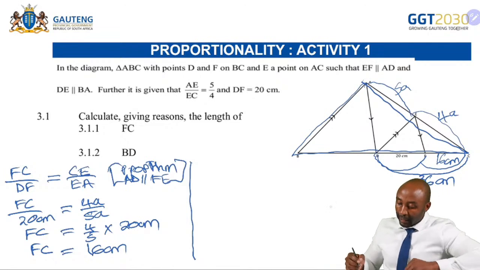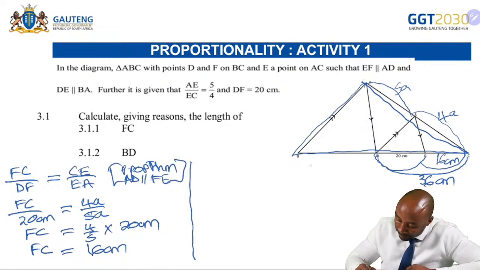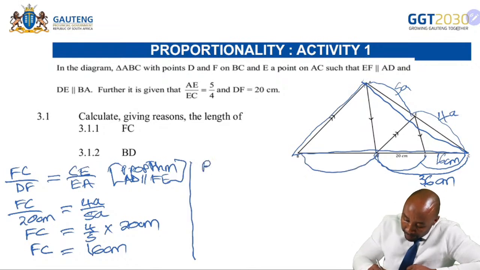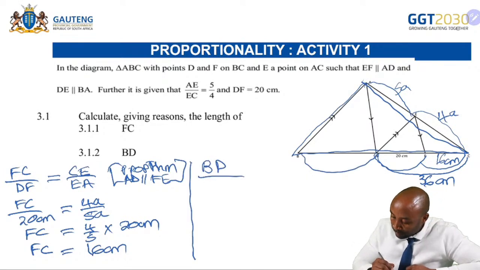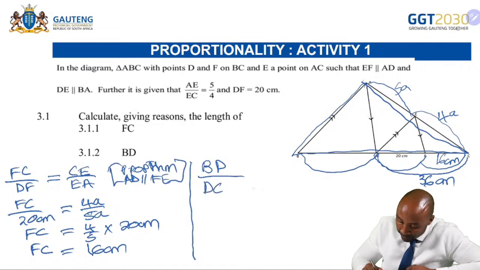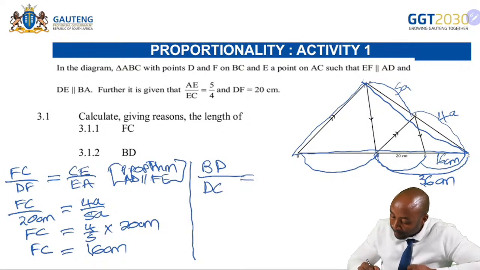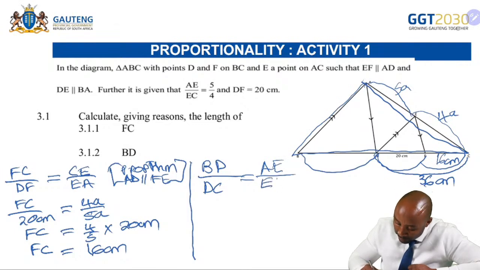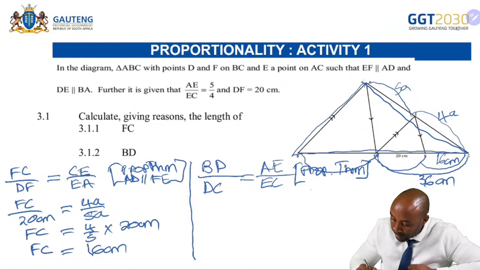Using those parallel lines, I'm able to say BD over DC is equal to AE over EC. Again, this is the proportionality theorem, and I have to mention my parallel lines, AB parallel to DE. Don't forget to mention the parallel lines.